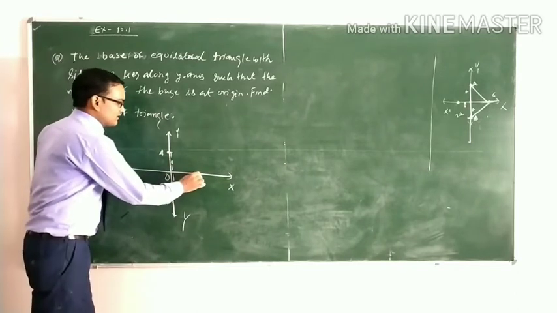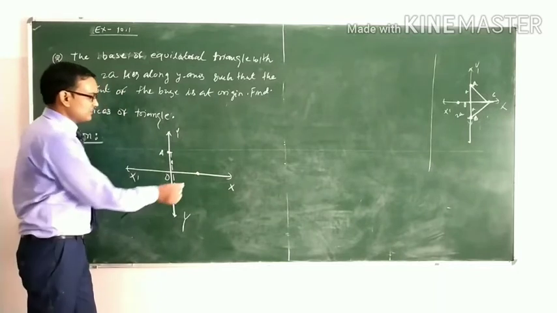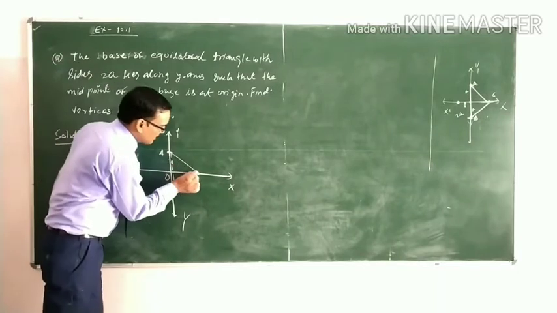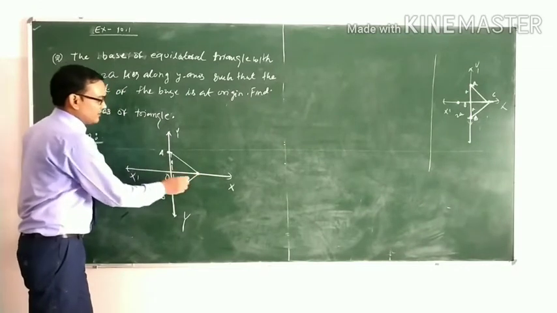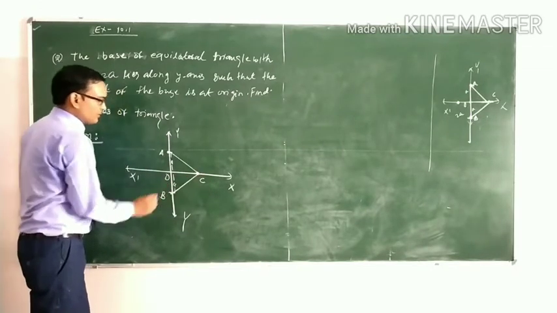Suppose that point C lies here, then we draw equilateral triangle ACB.